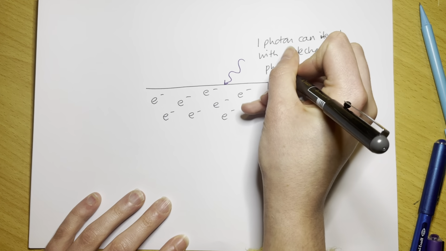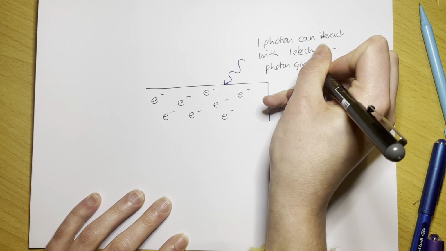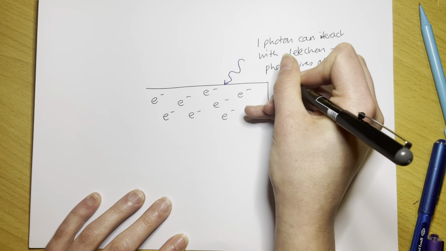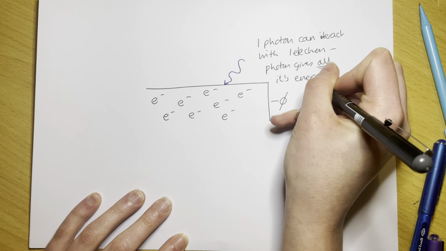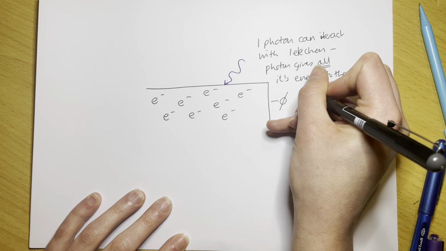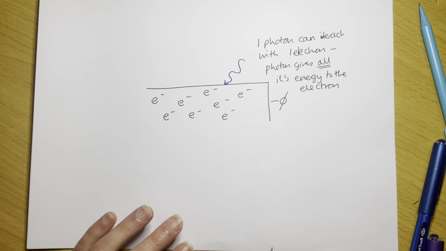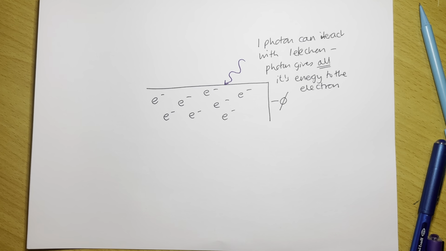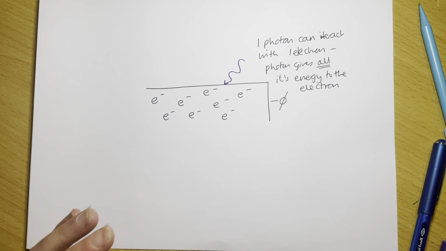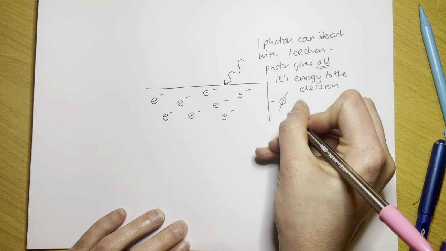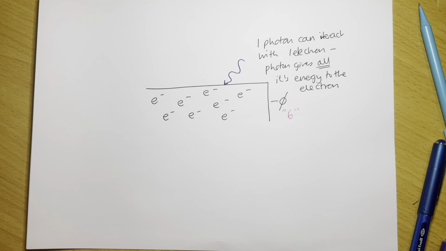And the photon gives all its energy to the electron. There's no halves, there's no sharing. The photon gives all of the energy to the electron. So let's go back to our original values, as it were. We gave a value for the work function of 6, I said.